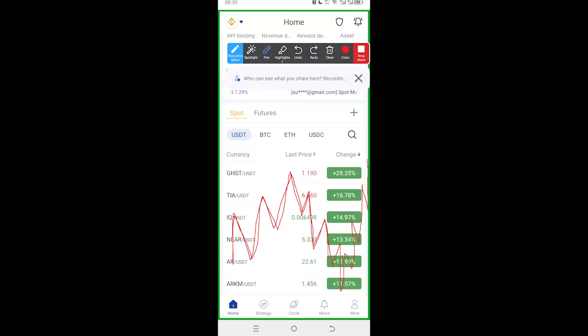From here, you see that the market was on a downtrend. Here, you're able to see that the market was on the uptrend. So, know that the market keeps going up and coming down.